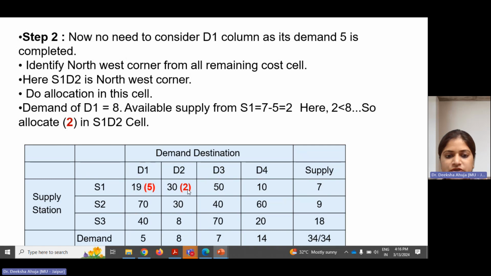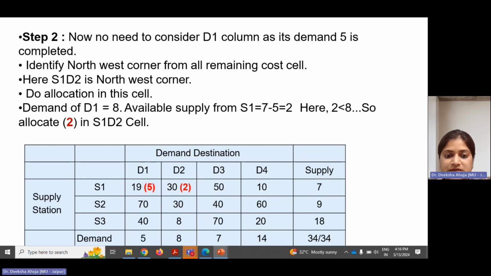Here 8 demand is given, so 6 is the balance that we find. Now 6 balance is there in this column, and we can go with more allotment.